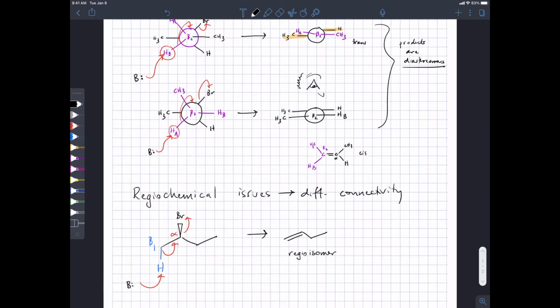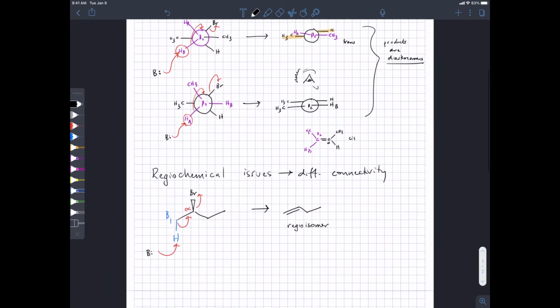Okay? All right, well, we got ourselves into a tricky situation now because we have 3 potential products from an E2 reaction. And we want to know, do we just draw them all? Is it possible to choose one that's likely to form in greater amounts?